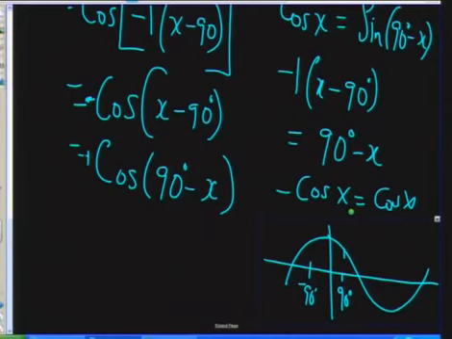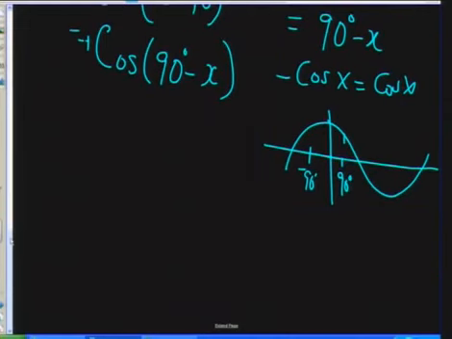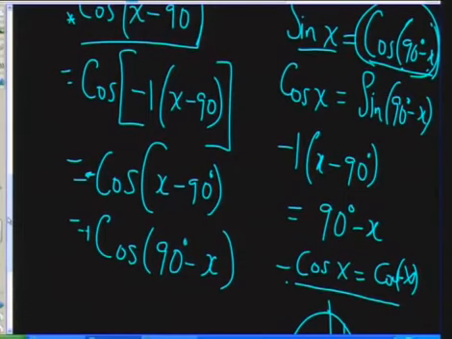I can utilize the fact that cos of negative x is equal to cos x, so cos of negative x minus 90 would be equal to cos of 90 minus x, like that. So we have a situation now where we can say cos of 90 degrees minus x.